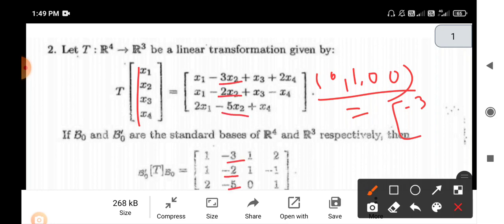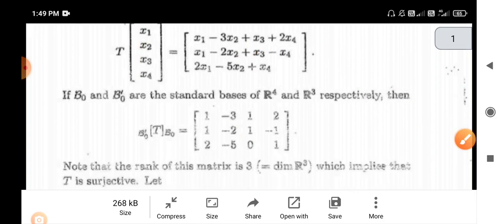Then for the third element, 0 0 1 0, the coefficient of x3 is 1 1 0. Next for the fourth element, the coefficient of x4 is 2 minus 1 1. Therefore this is the standard matrix representation corresponding to basis B naught and B naught dash. So this is the representation corresponding to basis B naught and B naught dash.